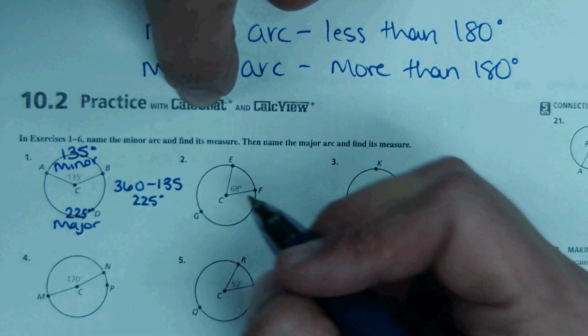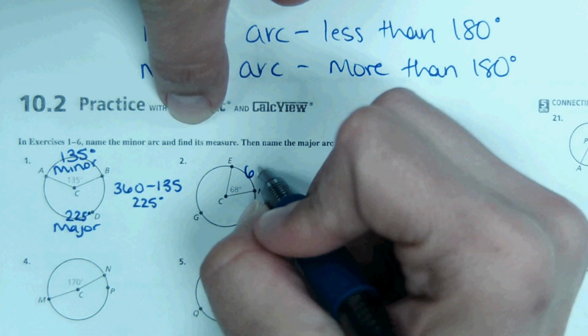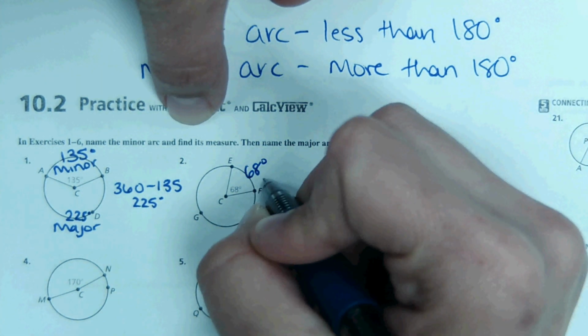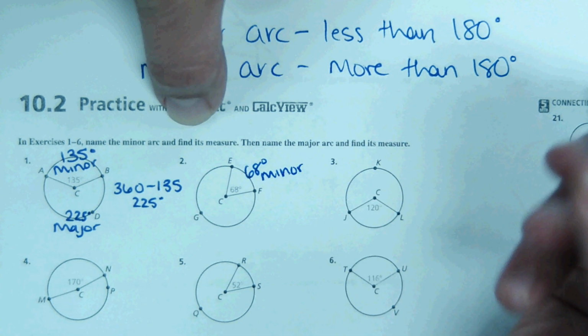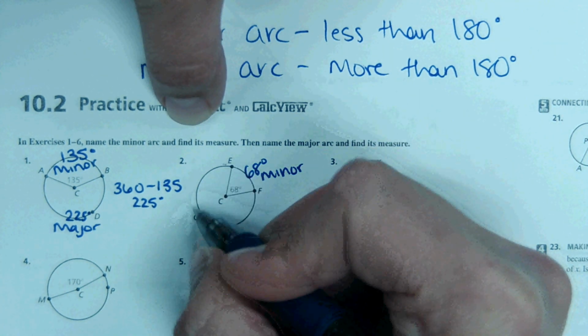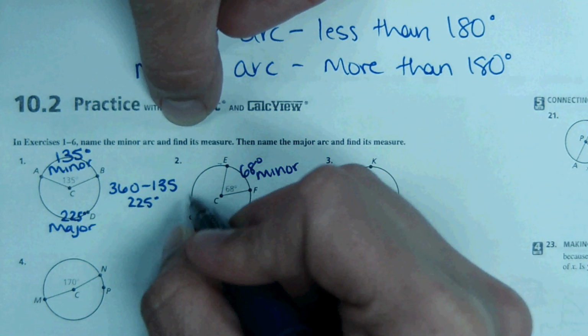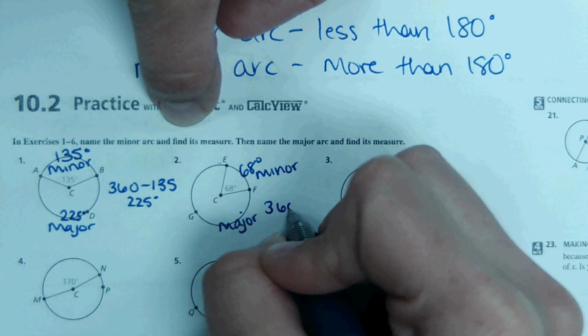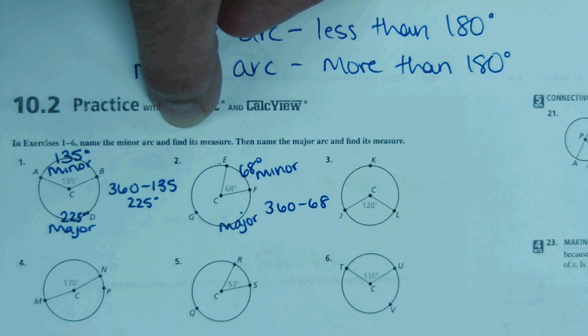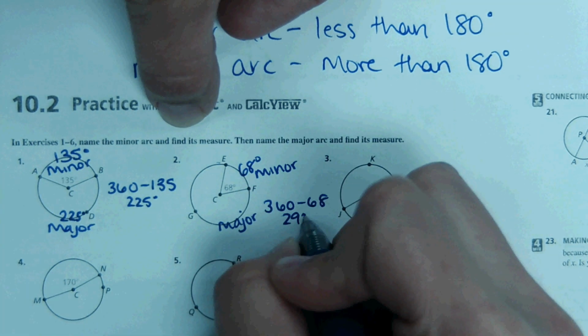Then for number two, it shows this angle 68 degrees, so that means this arc is 68 degrees, and this would be the minor arc. And then all the way around here would be your major arc. To find this arc measure, 360 minus 68 comes out to 292 degrees.